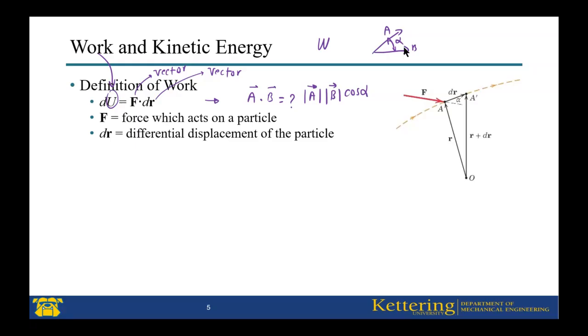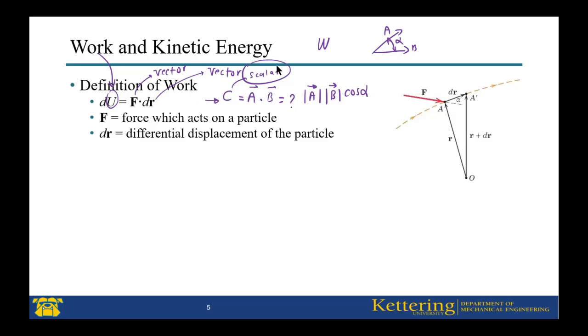Now, I just explained how we can find this one. If the product of this one is C, is C a scalar or a vector? Scalar. C, the product of A by B, is a scalar. Now, what can I conclude from this one for the work?